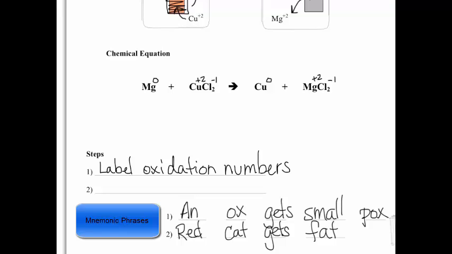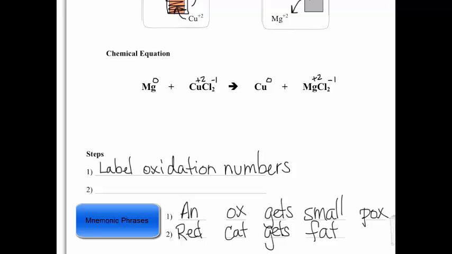All right. The next thing we're going to do is look at all of the things that have changing oxidation numbers. We already identified that magnesium is going from 0 to +2, and copper is going from +2 to 0. Chlorine isn't changing from one side to the other. We call that a spectator ion because there is no difference in it, and we're going to ignore that when we write our half reactions.